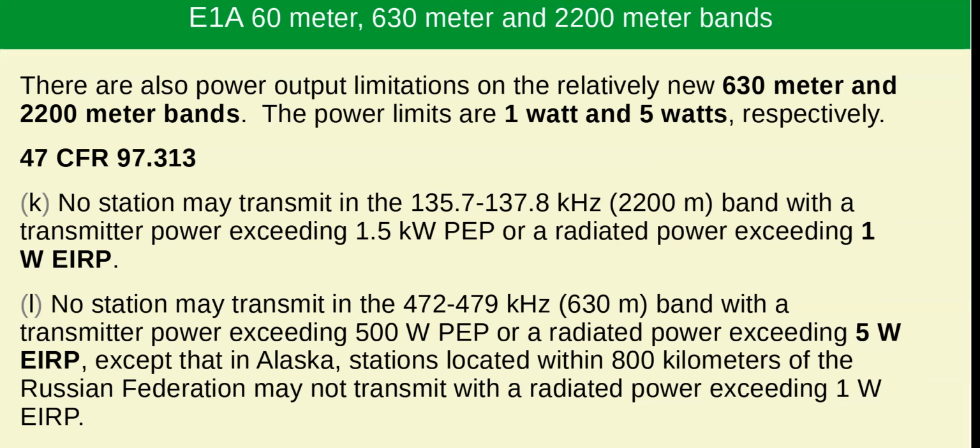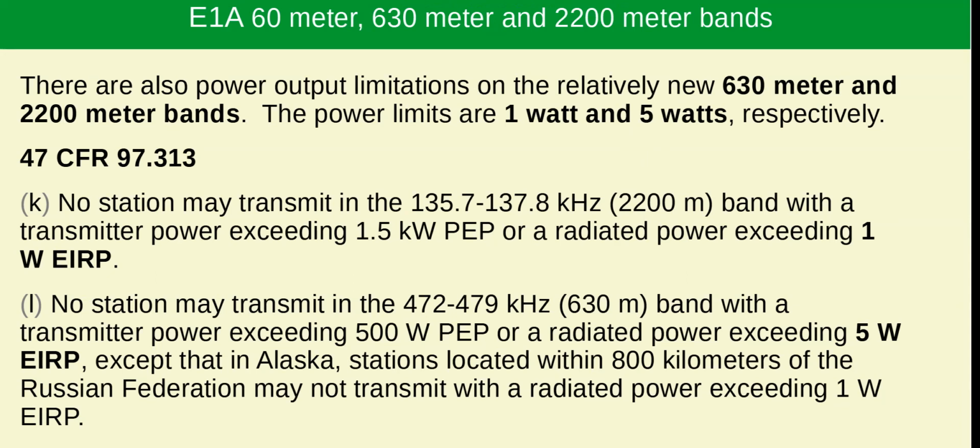Yeah, so if you go back to the question, it specifically said Alaska. And I didn't even catch that. So is this statement right, or did I get them swapped? Who's got a band chart? Got it up right here. The band chart says 5 watts for 630. I swapped them.